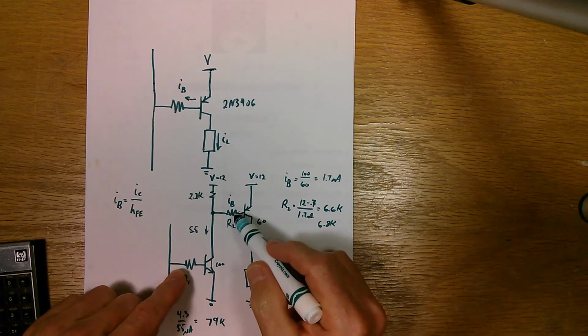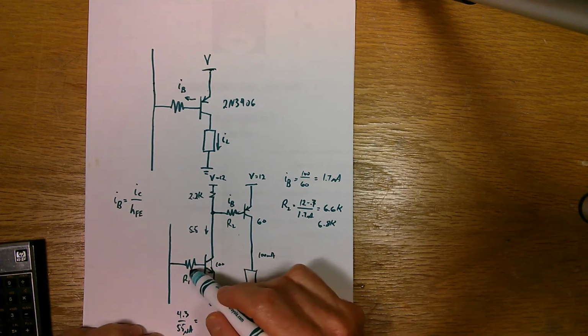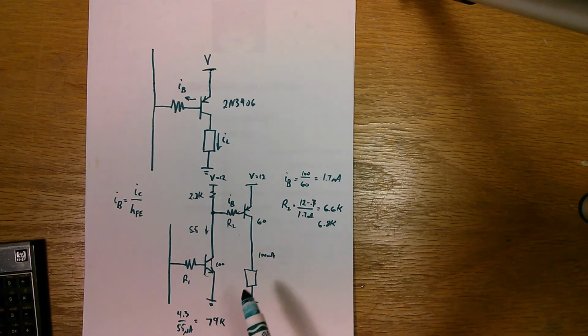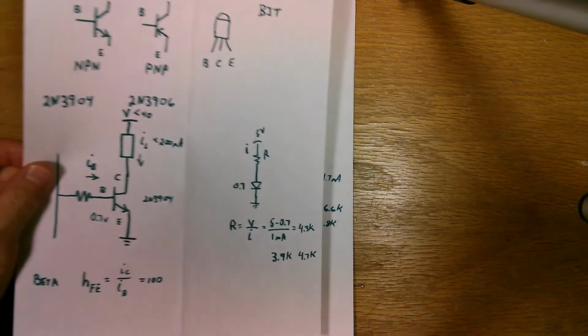So you can see how the value of the resistor is getting bigger in here, because you don't need as much base current to drive this transistor on. Anyways, that I believe is a good quick tutorial on using transistors.